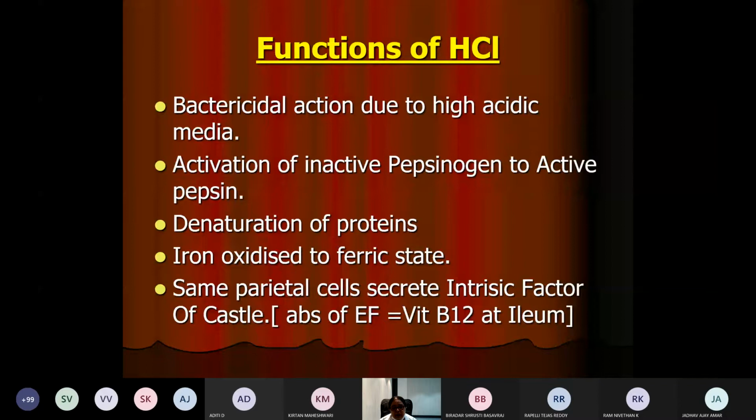Same parietal cells secrete intrinsic factor of Castle. Also absorption of vitamin B12 at ileum.